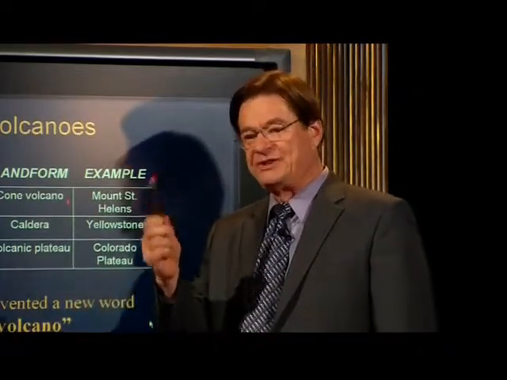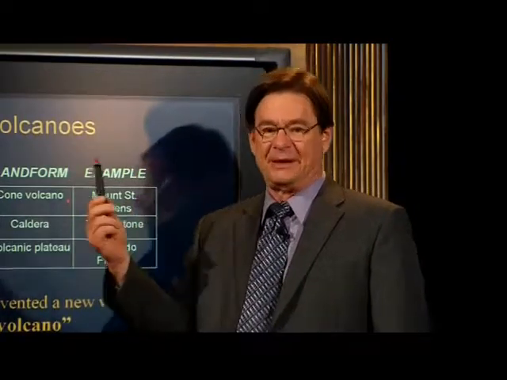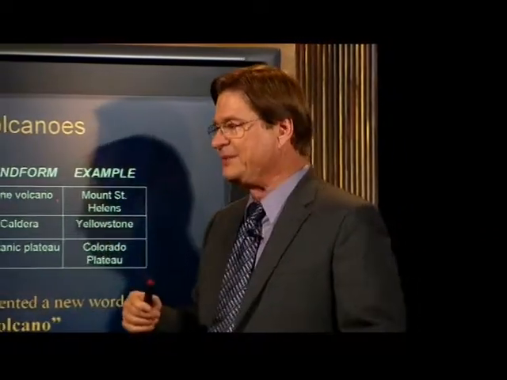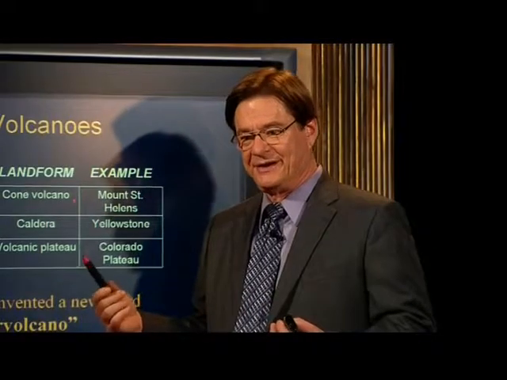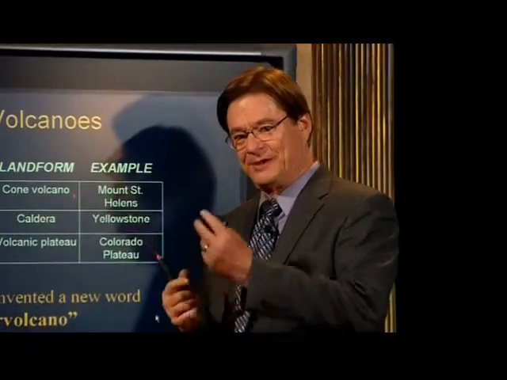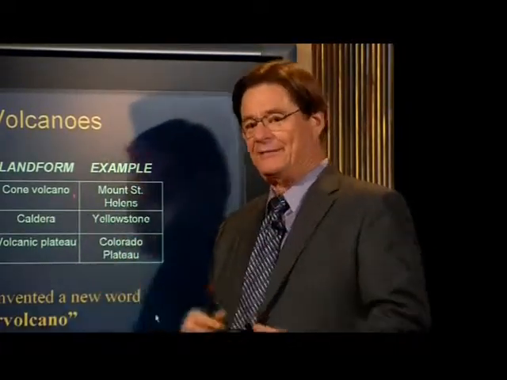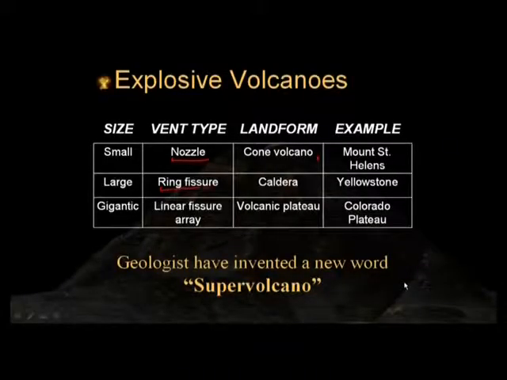Okay. So it originally erupts from a point, but then it becomes a line, and it erupts a curtain, not a fountain from one place, but a curtain of magma all around. All around. And so those ring fissures can be really big, and they leave a caldera. Yellowstone's a good example.